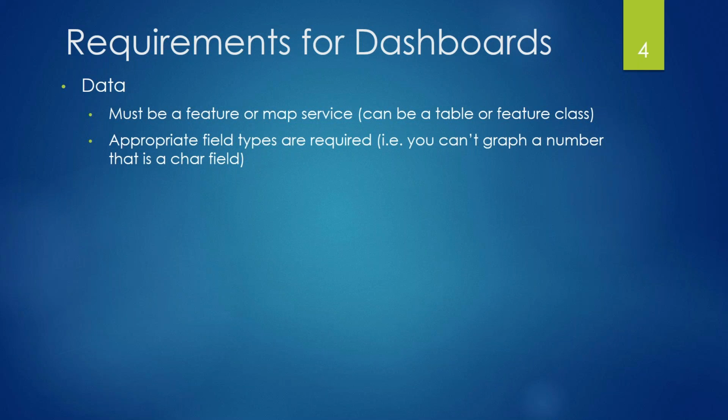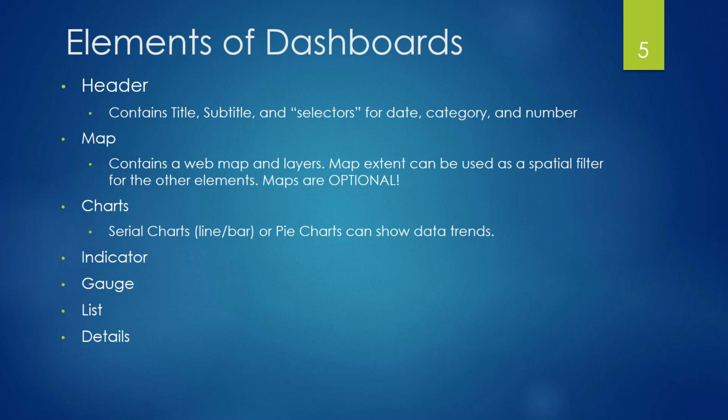Also required is appropriate field types. So you can't graph numbers that are in char fields. You have to have those as int or a float or a double. So some of the key elements when we talk Esri Operations Dashboard include the header.